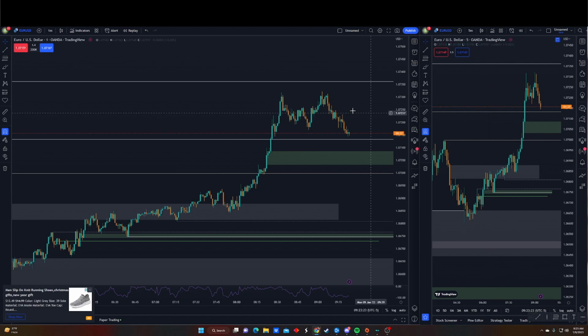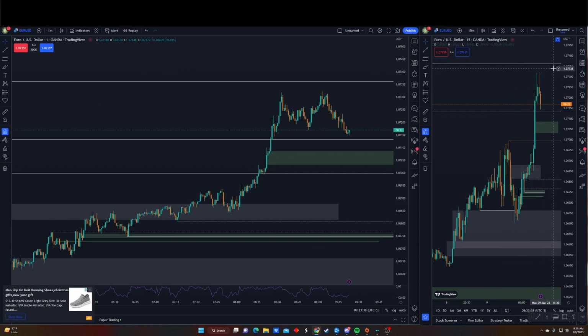We got pretty damn clean relative equal highs up here. I'm really confident we're gonna be taking that out. 923, getting very close to 930.